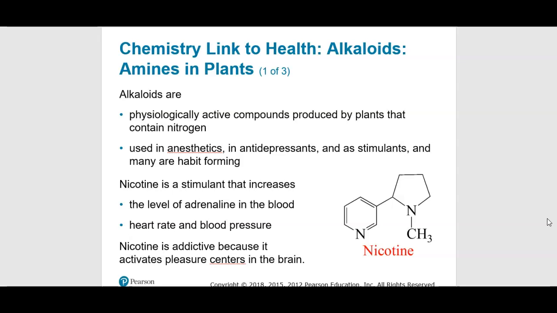I don't even know what you would call that. I never studied alkaloids. But anyway, you see there's a lot of amines. They do have a lot of uses. A lot of them are biologically active, and they can be used and abused.